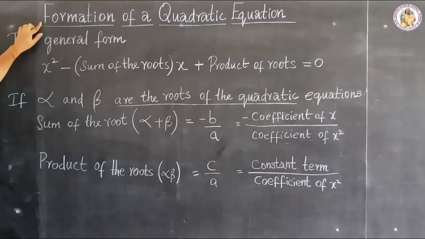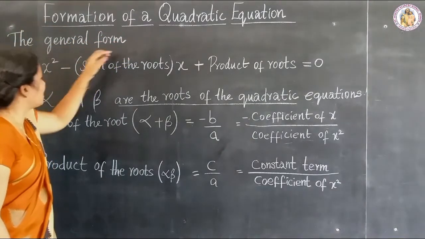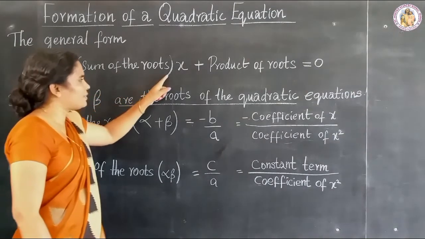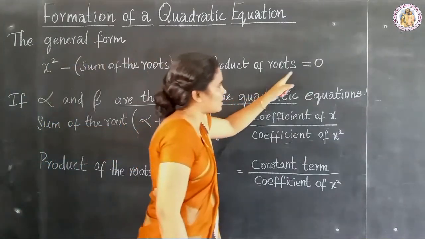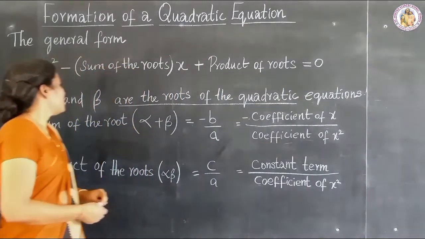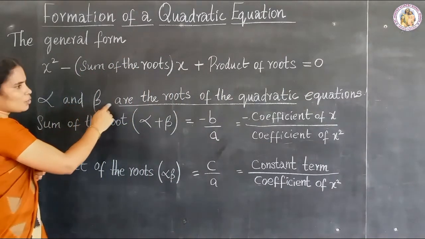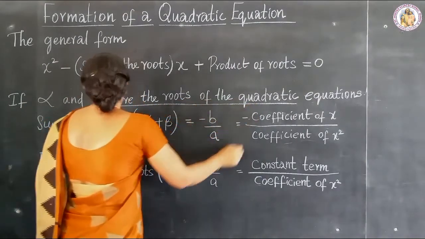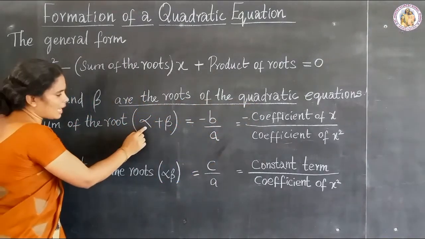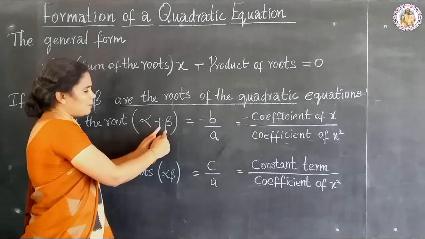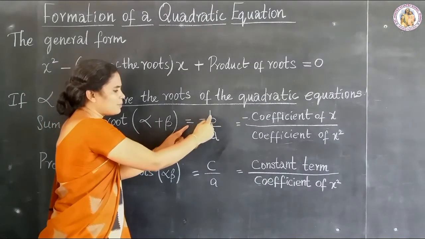Okay, now let us learn how to form a quadratic equation. In general form, it is x square minus sum of the roots multiplied with x plus product of the roots is equal to 0. If alpha and beta are the roots of the quadratic equation, the sum of the roots is alpha plus beta, which is minus b by a.